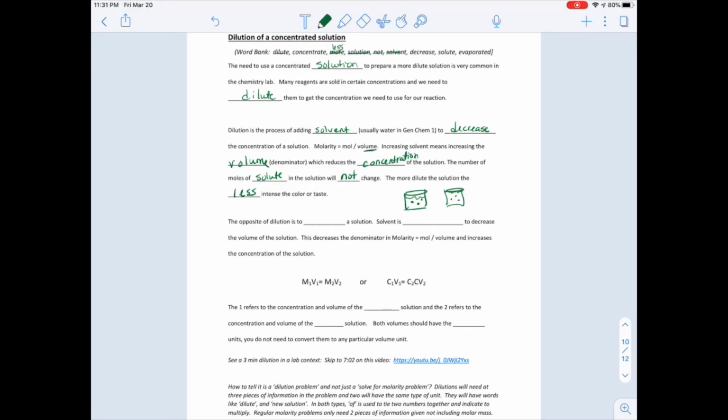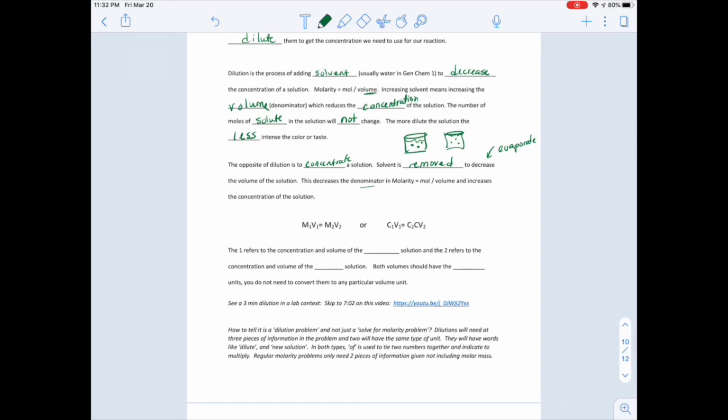The opposite of dilution is to concentrate a solution. Solvent is removed. If you're trying to concentrate something, you remove the solvent to decrease the volume, and it decreases the denominator. By the way, this is evaporation, like you're evaporating some of it.